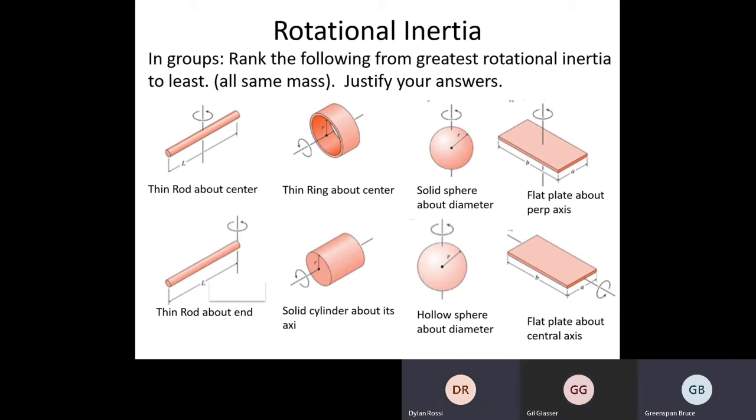Right, that's the idea. Or think about these two flat plates at the end here. Which one of those is easier to turn? Probably the flat about the central axis. The bottom one, right? Yeah, exactly. Because the radius is smaller. That's the idea. So that's rotational inertia.